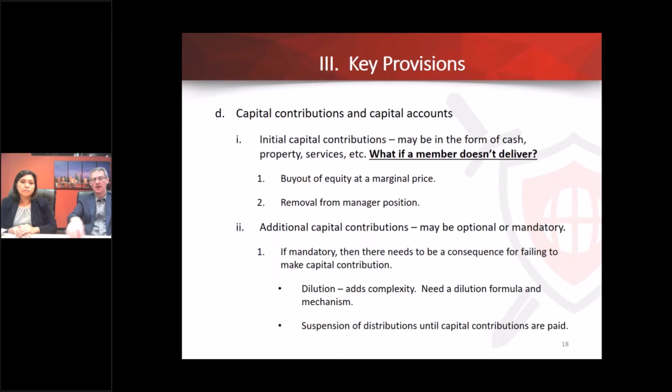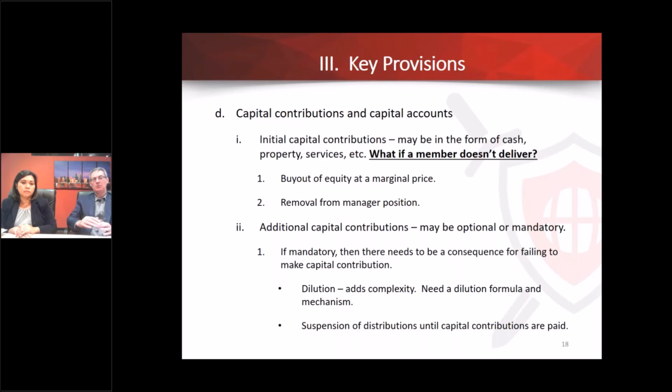And then you should have a formula there. And if we run out of money, can the managing member ask for money? How much more money can they ask for? And what do we each owe? What happens if we don't pay it? Can somebody else pay it and take my interest? Or if they pay it, is it just a loan to me and I don't get any distributions until it's paid back?